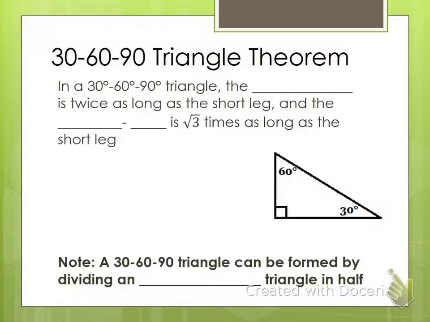The other type of special right triangle is a 30-60-90. In a 30-60-90 triangle, the hypotenuse is twice as long as the short leg.